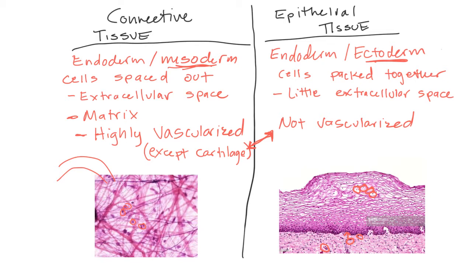Okay, so now we're going to go through the different tissues within connective tissue. No, I believe those are collagen. Maybe some of these dark ones. Yeah. So the big thick ones in the back are collagen, okay, and I think the darker ones are elastic, actually.